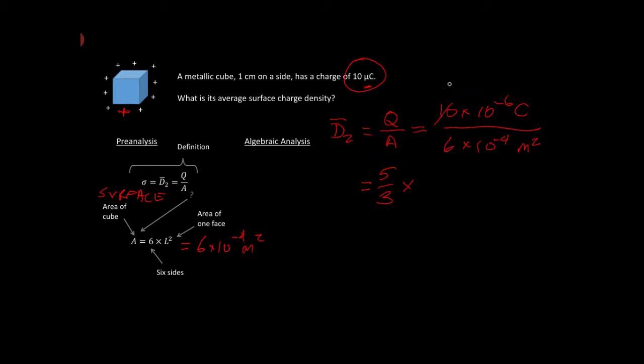So let's see. We can get rid of a 2 in this one. That's why it's 5/3. And we have minus 6 plus 4, right? 1 over 10 to the minus 4 is 10 to the 4th. So that's 10 to the 4th times 10 to the minus 6. And that's 10 to the minus 2 coulombs per square meter. Okay, 3 goes into 5 once, and then we have 2/3, so that's like 1.67, but we'll do 16.7 and put one of those over here, so we have 10 to the minus 3 coulombs per meter squared.